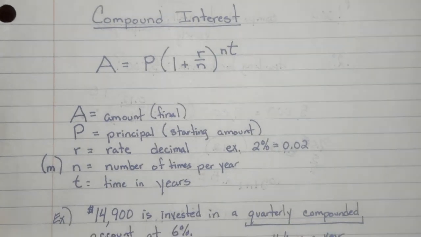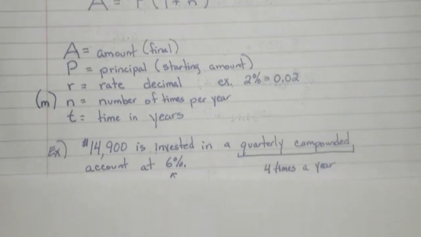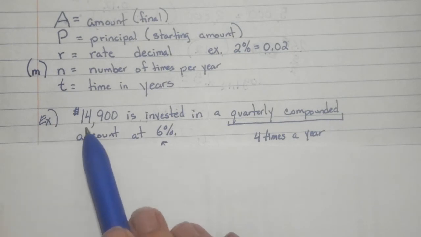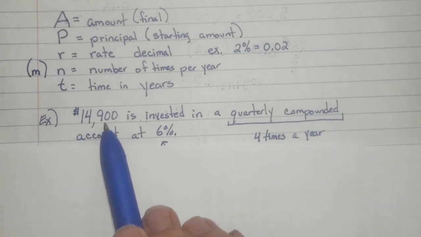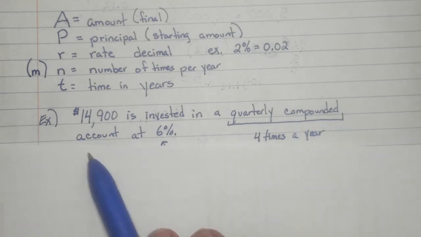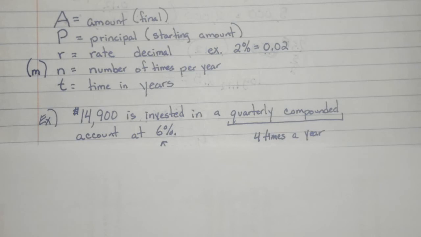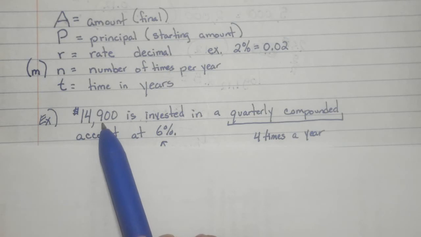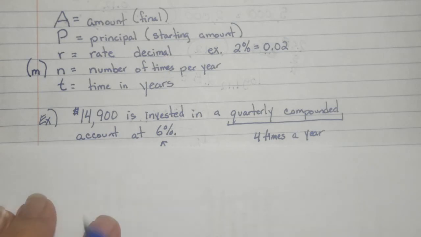We'll go ahead and slide a little bit up so I can fit this example. So here's our example. $14,900 is invested in a quarterly compounded account at 6%. So let's talk about what these different pieces of information mean. The $14,900, that's going to be your principal.